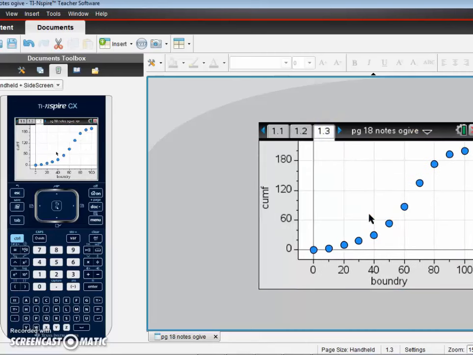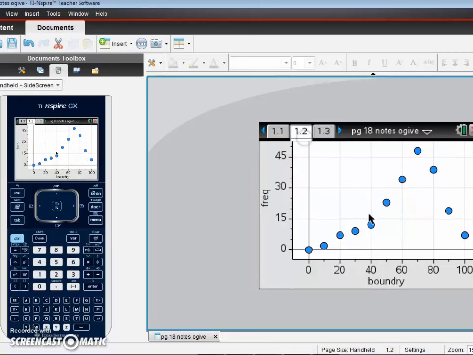Here is the frequency, the cumulative frequency. So there were 2, and then there were, sorry, over here it was 2, 7, because there were 7 in 10 to 20, which would add up to 9.